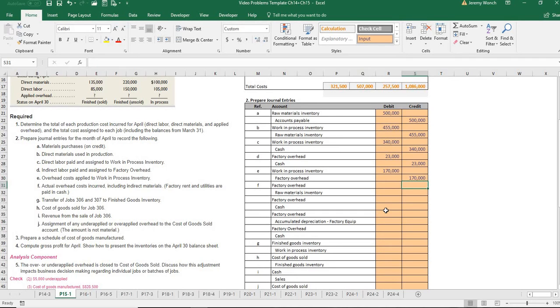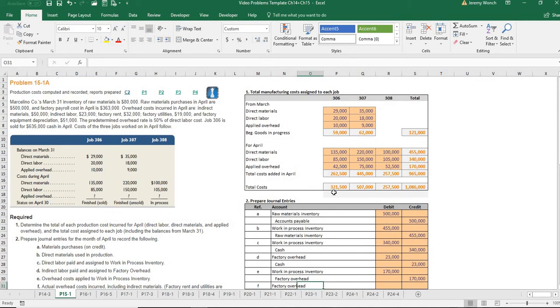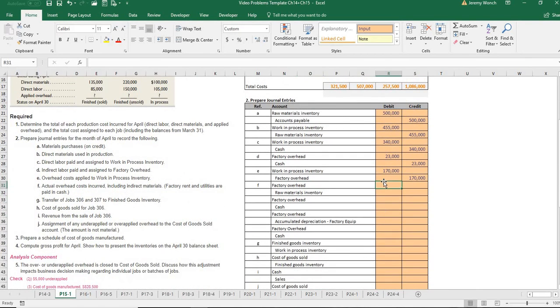So part F, actual overhead cost incurred, including indirect materials, factory rent, and utilities, paid in cash. Okay, so indirect materials are $50,000.